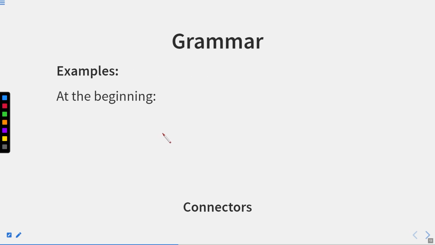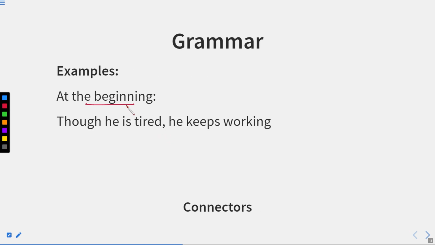For example, if we are using it at the beginning: Though he's tired, he keeps working. Here we do not have a comma just after the word though. It is after the clause that we put the comma. So this is the sentence.